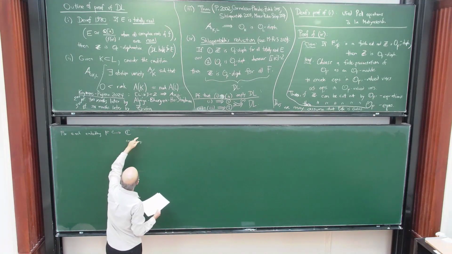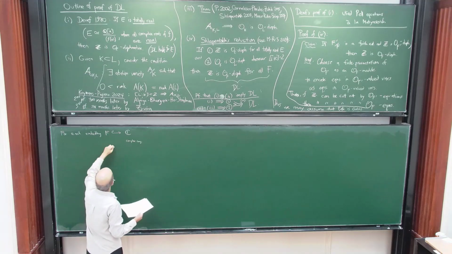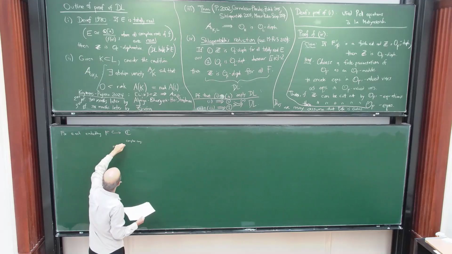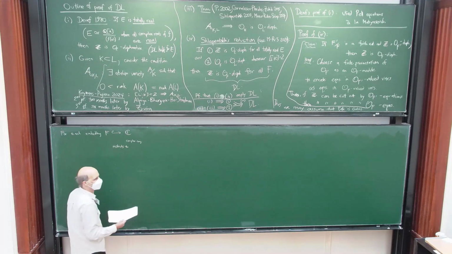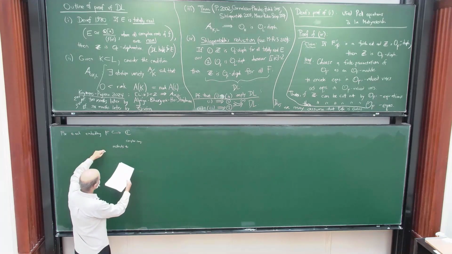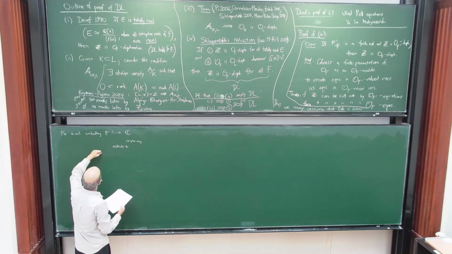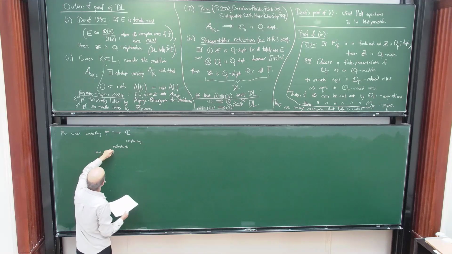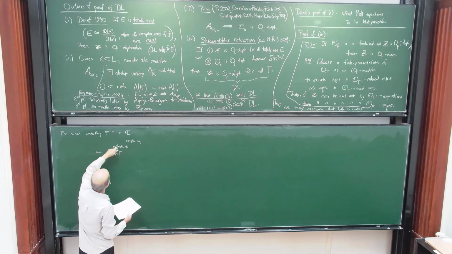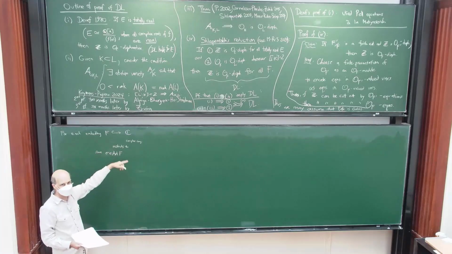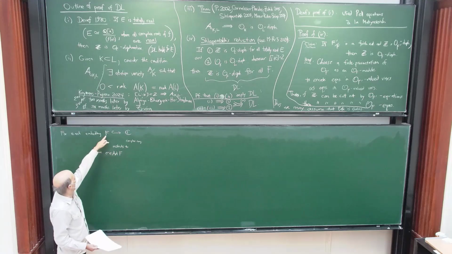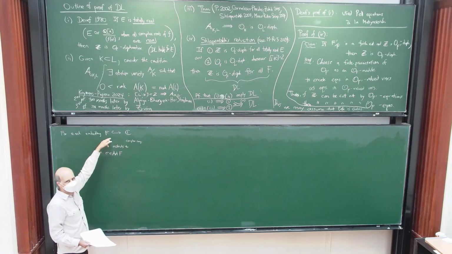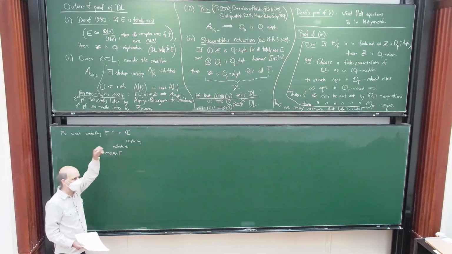You have complex conjugation on the complex numbers, and it restricts to some automorphism of F. The reason that complex conjugation maps F to F is because F is Galois. And so for each embedding you get a complex conjugation on F.